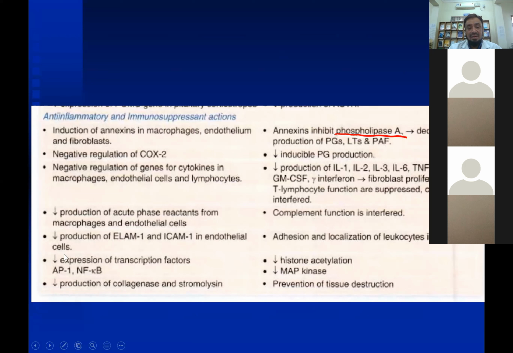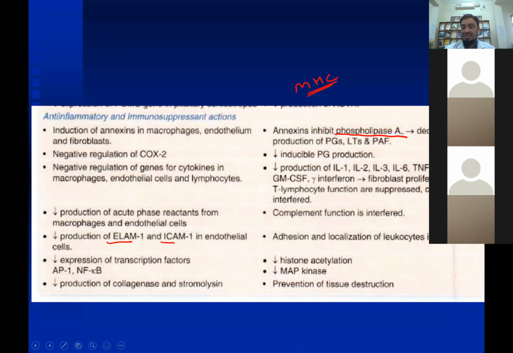Then another important action is on MHC. The expression of MHC is reduced. Then they also have action on various other inflammatory mediators, acute phase reactants, decreased production of endothelial as well as intracellular adhesion molecules. Okay, so this is just to show you that they have numerous immunosuppressant actions.